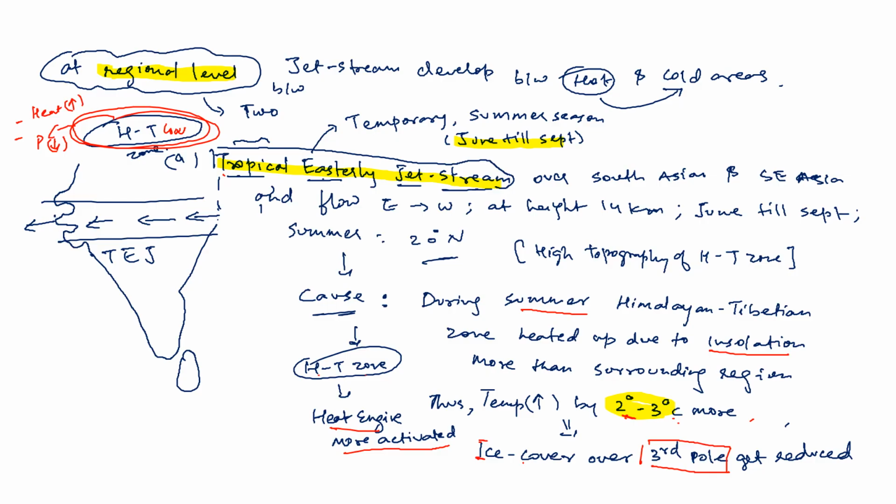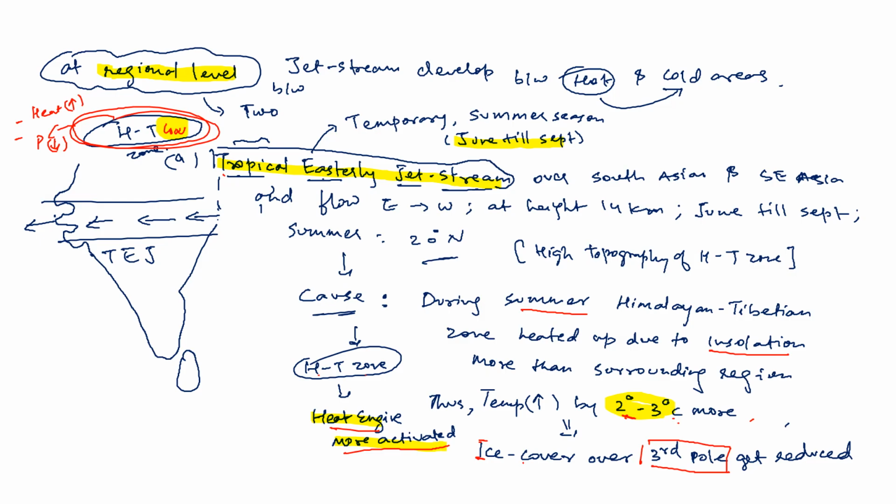As a result, the Himalayan Tibetan zone low pressure gets intensified, and that pushes the westerly jet stream away from India above the Tibetan plateau. More and more insolation is received by the Himalayan Tibetan zone, and this heat engine becomes more and more activated.